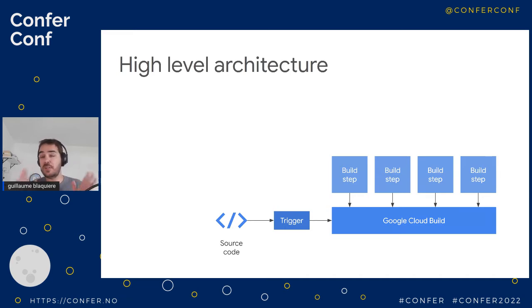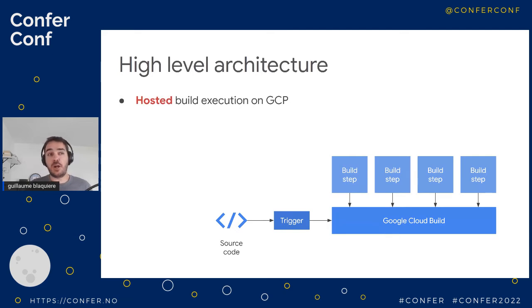It's a sequence of steps that you do one by one. You do the first, the second, the third, and the fourth, etc. And if one step fails, for example, you have a test and the test fails, the pipeline stops because in case of failure, you won't go to production. You don't want to continue on a failure.